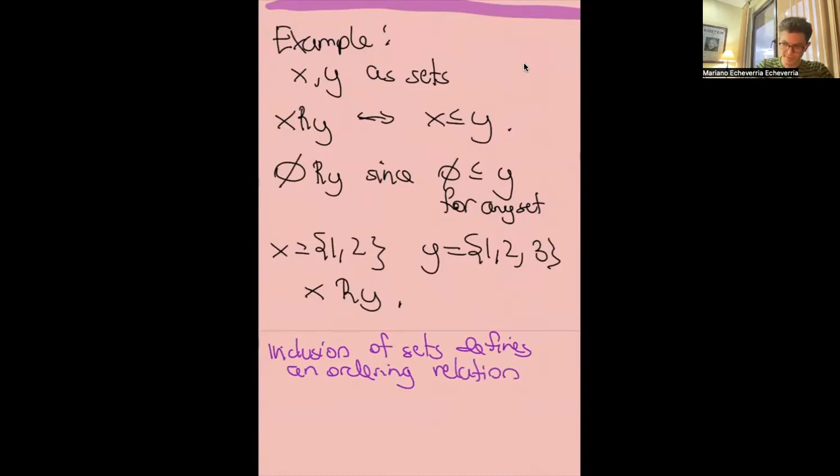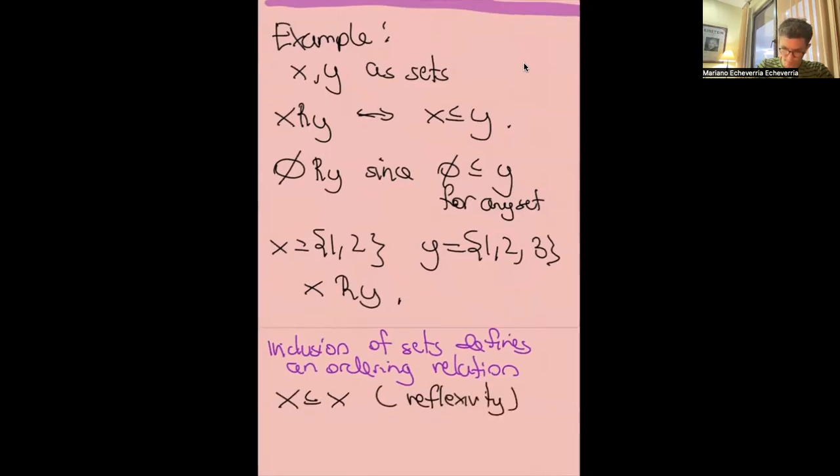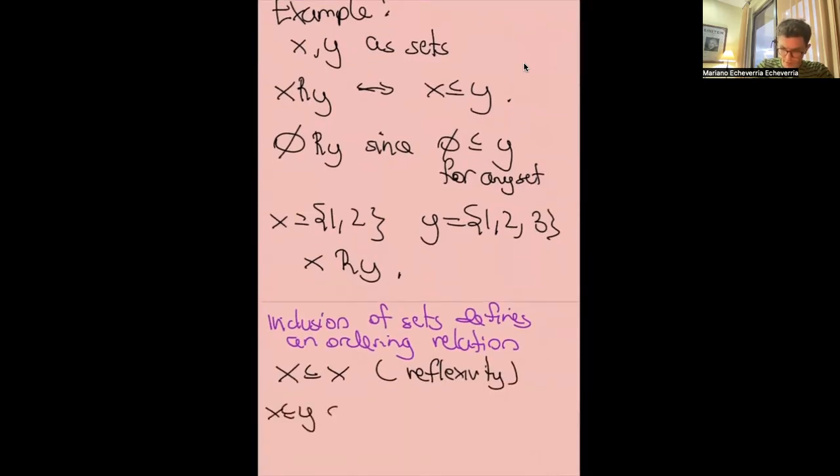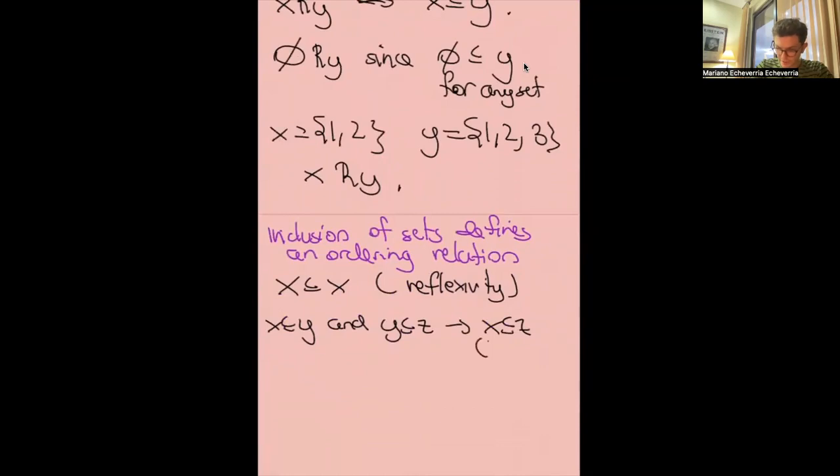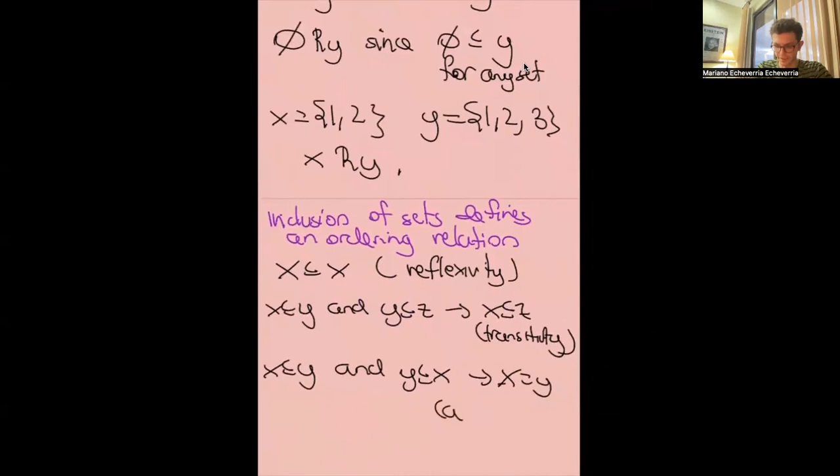Because every set is a subset of itself, there's reflexivity. If x is a subset of y and y is a subset of z, then x is a subset of z. There's transitivity, right? And the last one is that if x is a subset of y and y is a subset of x, then x equals y as sets. This is the anti-symmetry.